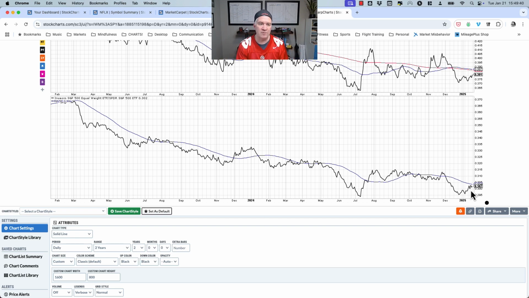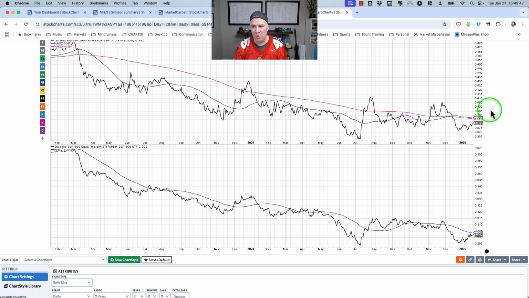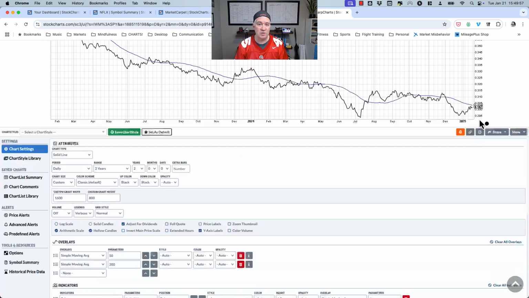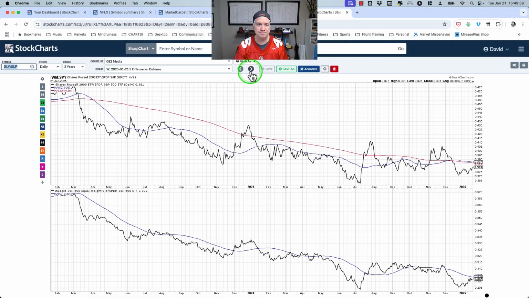And so equal weighted versions of the S&P are going to underperform. Watch to see if and when either of these ratios go higher, and that would really represent a major change in leadership from what we've experienced in recent years. At some point, that's most likely going to happen. This will be the chart to track that potential rotation higher.